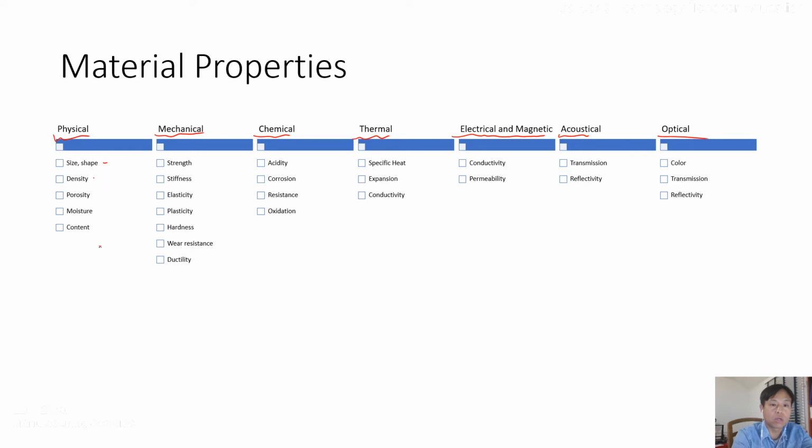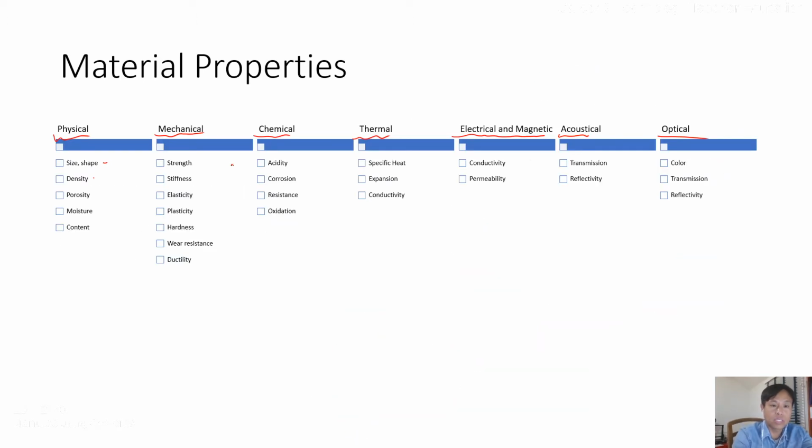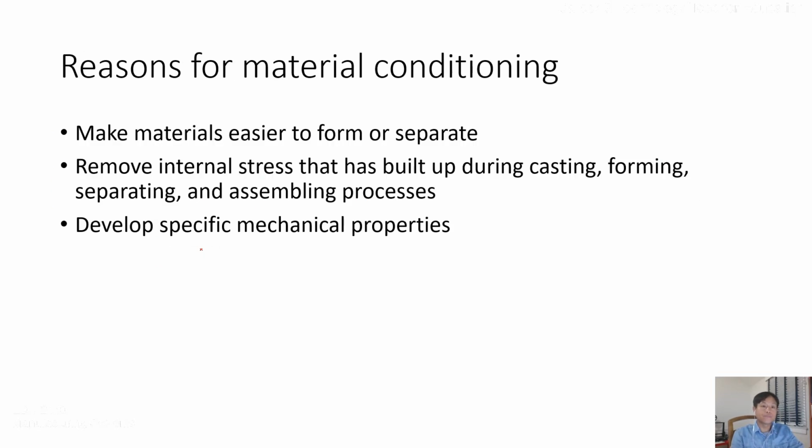Mechanical properties are strength, stiffness, elasticity, plasticity, hardness, wear resistance, or ductility. We need to consider those properties before doing the conditioning processes.